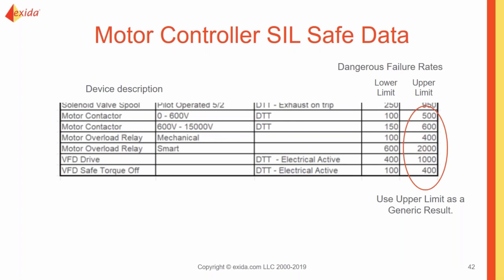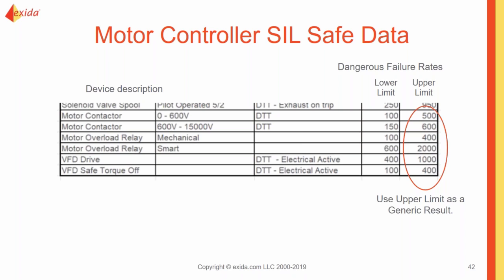I kind of just zoomed in on motor controllers. In this section, let's say you're looking for a motor contactor. This is going to say, well, I fit into this lower one, so I'm going to fall between 100 to 500 FITs. Once again, that's a large range.